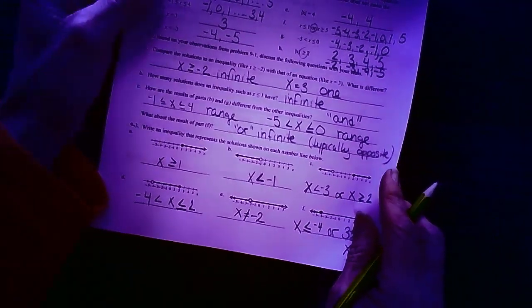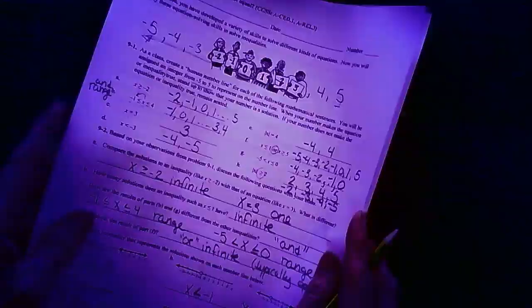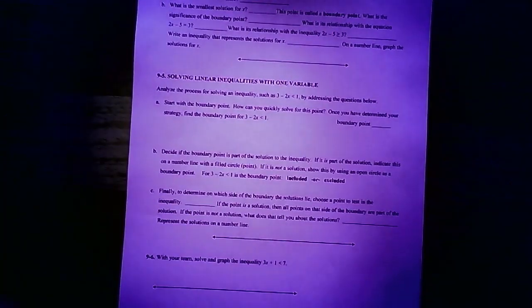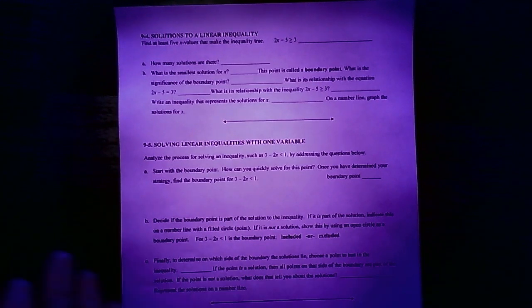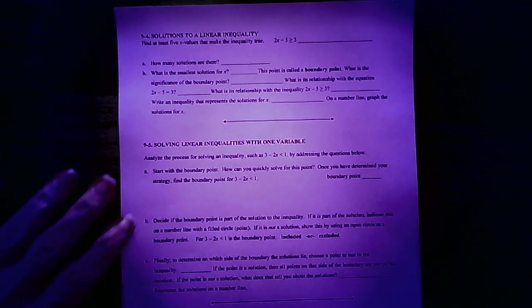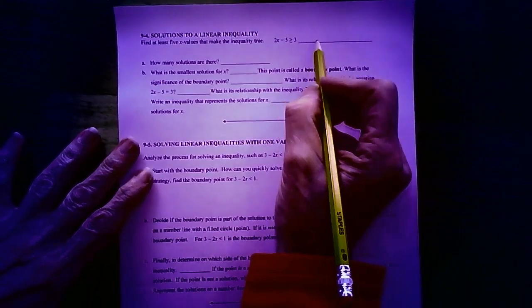All right, we're going to take a look at the flip side. Here, we're going to figure out what values are going to be true for this. In order to solve it, I'm going to solve this inequality.